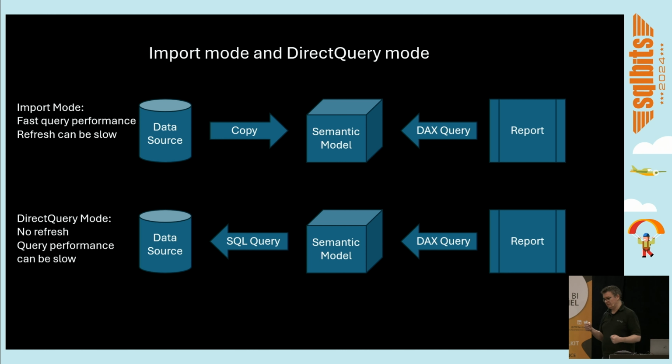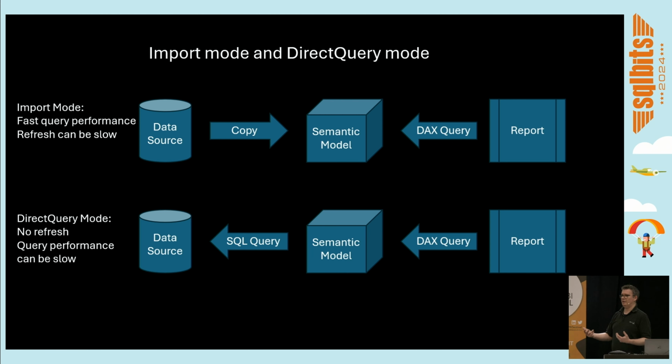With import mode, you took your data from your data source and you copied it into Power BI's own in-memory column store database engine, the Vertipaq engine, inside your semantic model, what used to be called a data set. That copying was called refresh. And when the data was inside your semantic model and you opened up your Power BI report, the Power BI report generated a DAX query per visual.